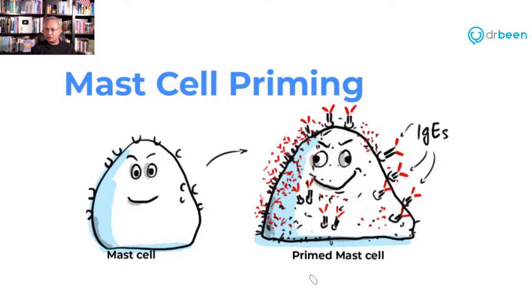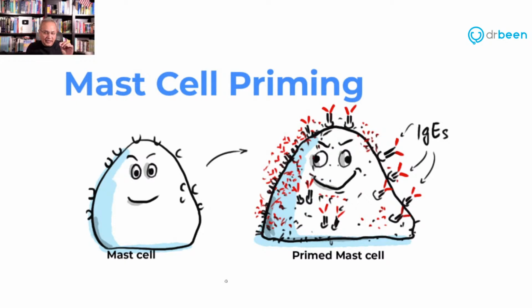These receptors are called Fc. So if I can write here, Fc gamma for immunoglobulin G. Here they are FcE, immunoglobulin E receptors. So they are fragment constant receptors for immunoglobulin E. Essentially what that means is that they have receptors with which IgE can bind.